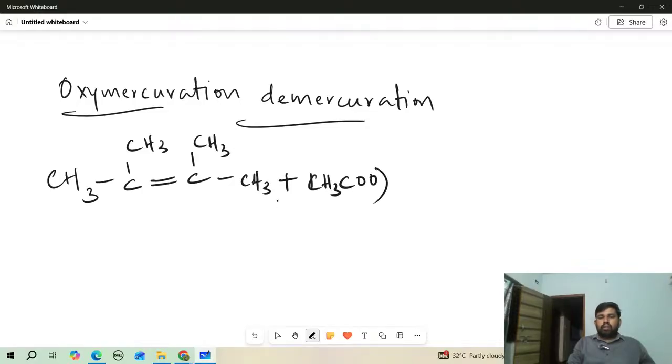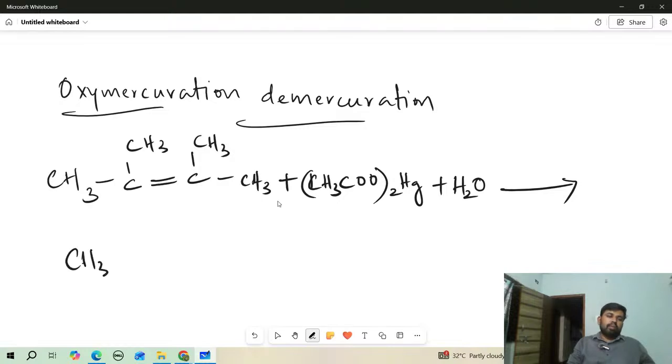mercuric acetate. It gives rise to CH3 CH CH3.